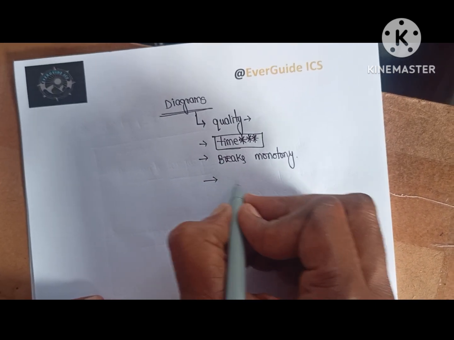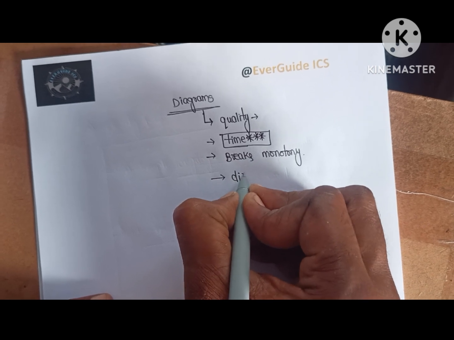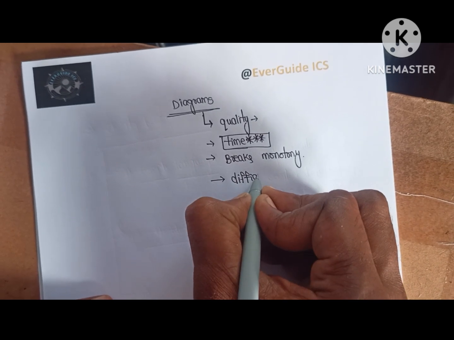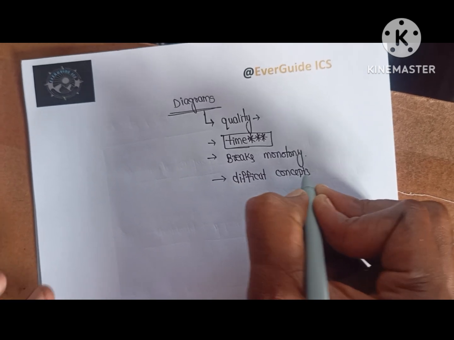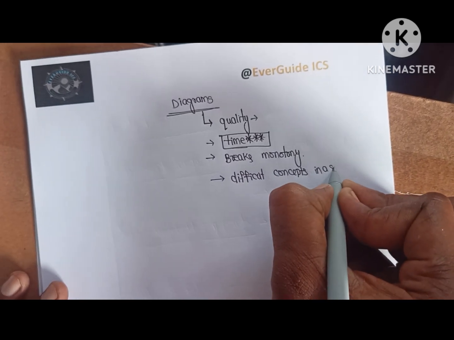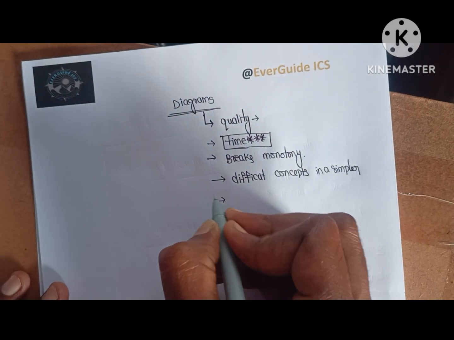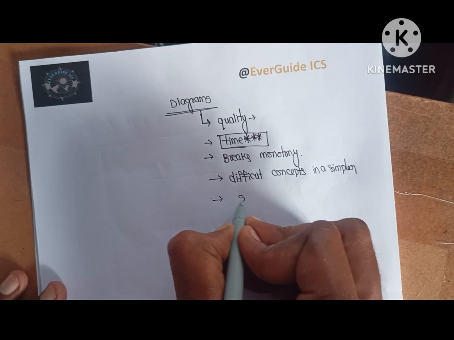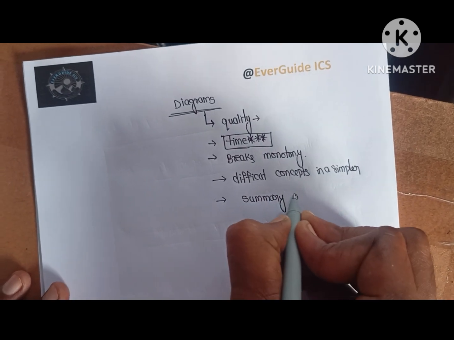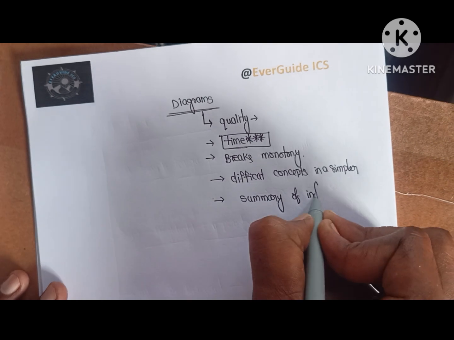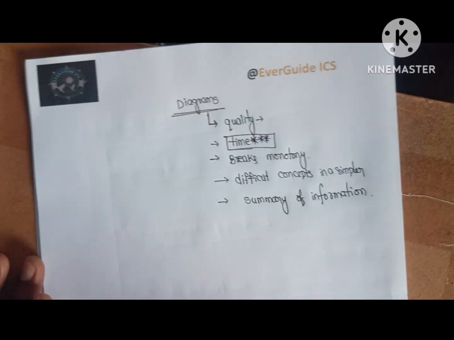And the fourth one is it helps to explain difficult concepts in a simpler manner. And the final one is it provides a summary of information of your answer.